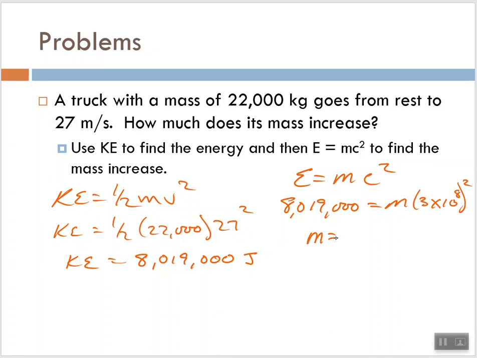We find the mass is equal to 8.91 times 10 to the negative 11th kilograms. As you can see, in a very little amount of mass, there's a whole lot of energy. Because you've gained this amount of kinetic energy, the truck has gained this amount of mass. I know that's a weird concept.